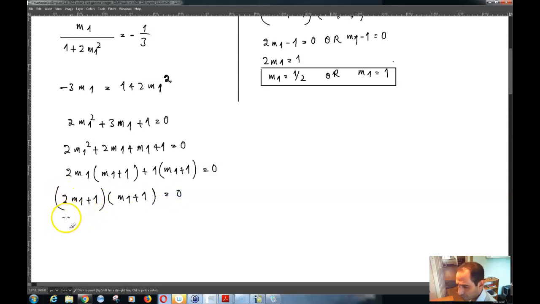So what this means is that either 2 times m1 is equal to negative 1, so m1 is equal to negative 1 by 2, or m1 is equal to negative 1.